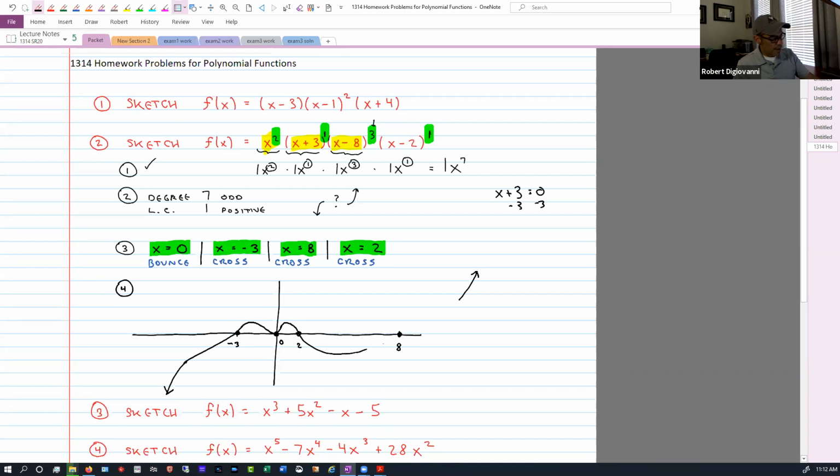And I get back to 8, and I'm going to cross through at 8 and connect it. There it is. So that is what we're looking for right there. Everyone's will look a little different, but we should all have the same behavior.